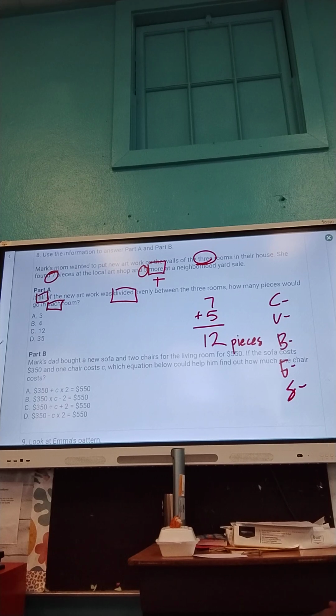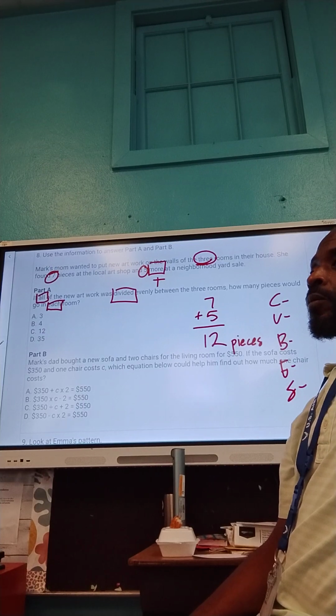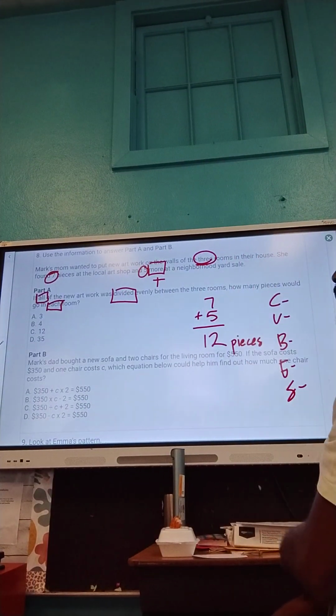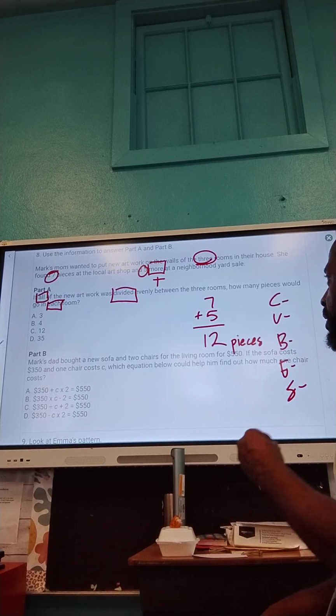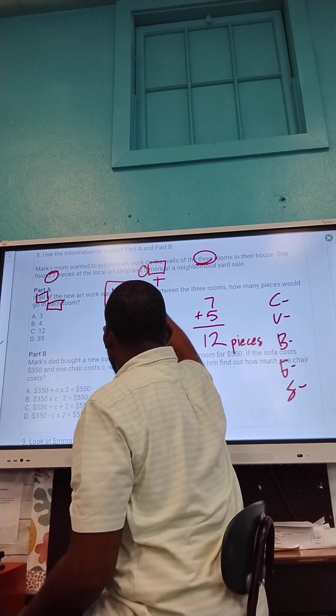Where's the wrong answer? D. All right, why did the author put D up there? We want to look at a misconception. They thought you were going to multiply. What key word in the passage made you think you were going to multiply that 7 times that 5? Each.